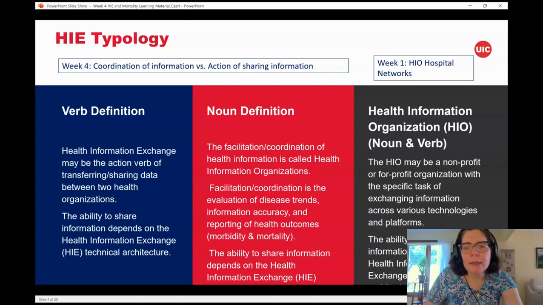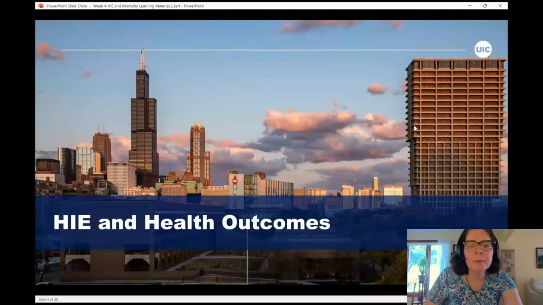In turn, the state level population health or public health organization may serve as the noun and verb version of the health information organization between the different hospital networks in a given region and the local population health region to report the information to the national level.